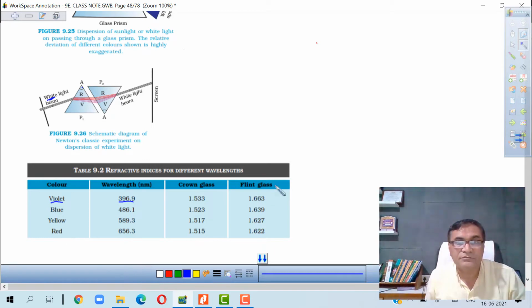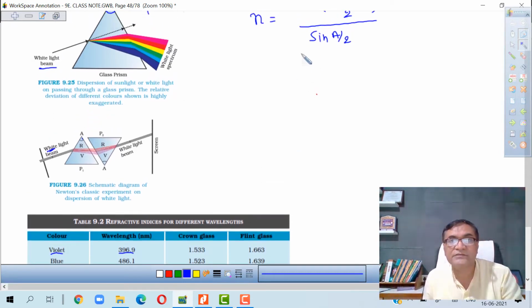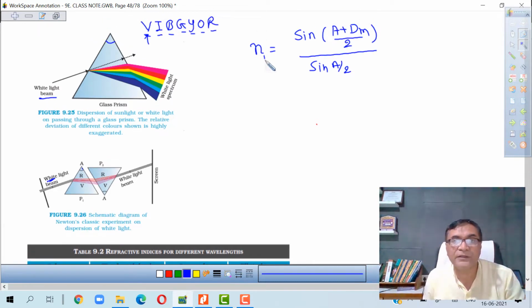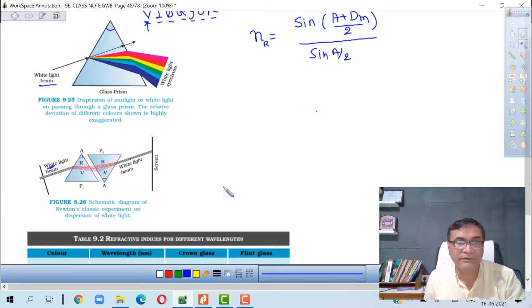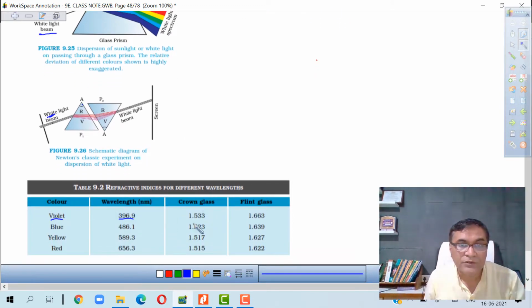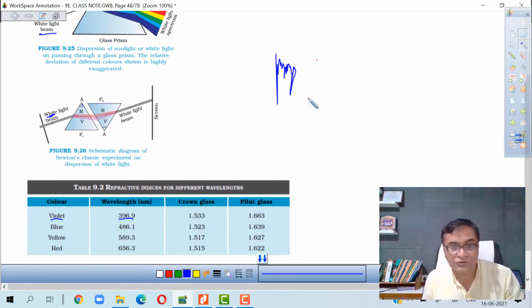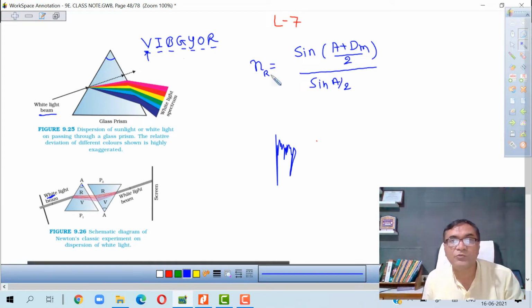For red color the refractive index is less, so the deviation of red color is less and you get red color at the top. Violet has a higher refractive index, so naturally its deviation is more.